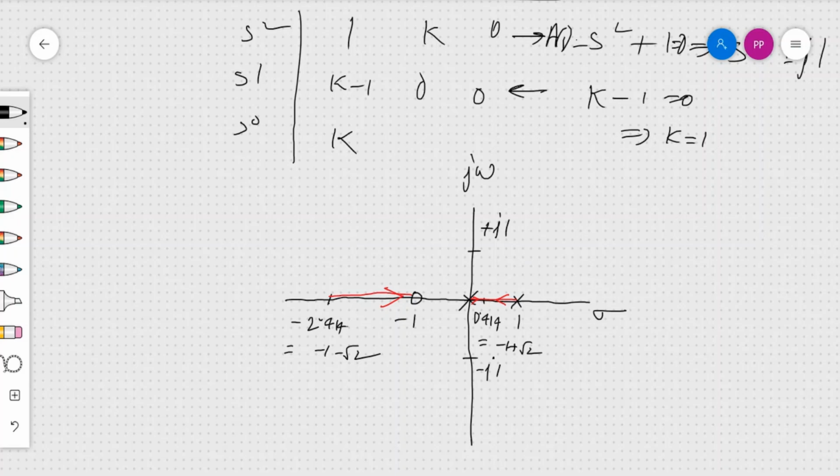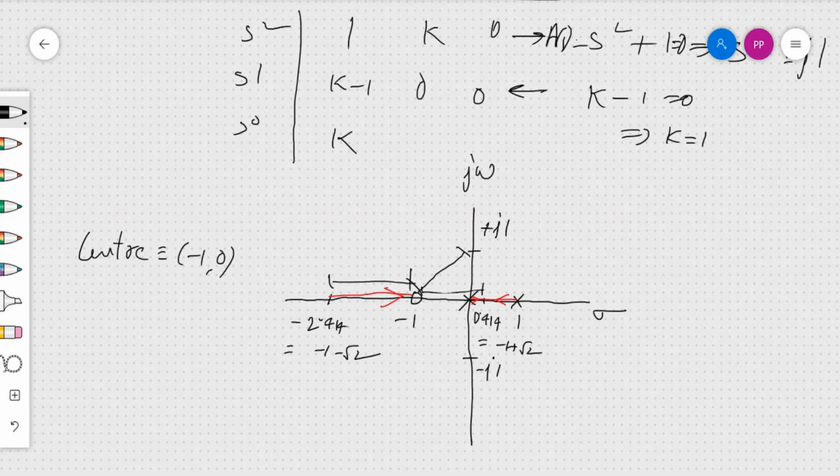So what we can conclude is that if center is at minus 1 and 0, then we have to find out the distances, this one, then the distance this one, then the distance this one.